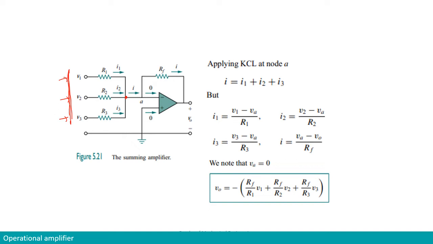In the input branches of V1, V2, and V3, we put certain resistances R1, R2, and R3, and the currents that go across the resistances will be called I1, I2, and I3, right? And they are all gathered. So if we write KCL, it will produce a sum of I, which is I1 plus I2 plus I3.